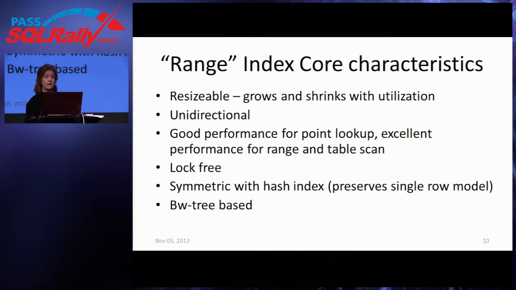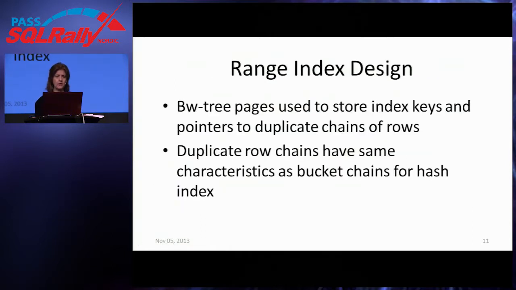So just like the rows themselves, everything in a range index is also completely lock-free. And it's based on this new B-tree structure that we will see shortly. There are similarities between the range index and the hash index in that if we actually have duplicate key values, they are linked together.